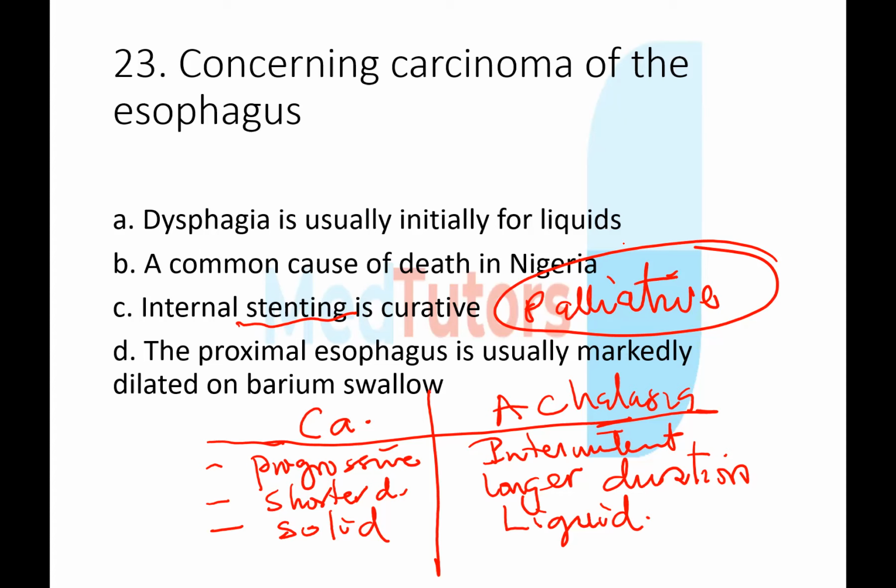And this is commoner with achalasia as compared to carcinoma, because in carcinoma, even though the proximal part will be dilated, that is not a classical feature. You have irregularities, you have a filling defect, and you have a shouldering effect.